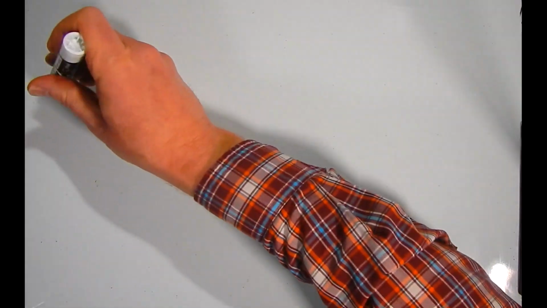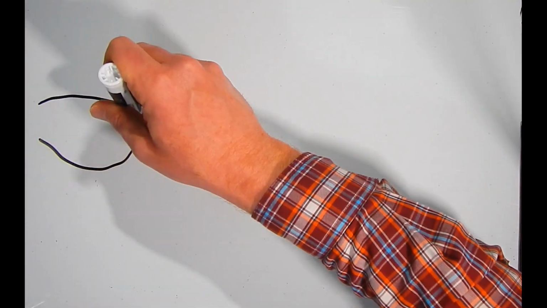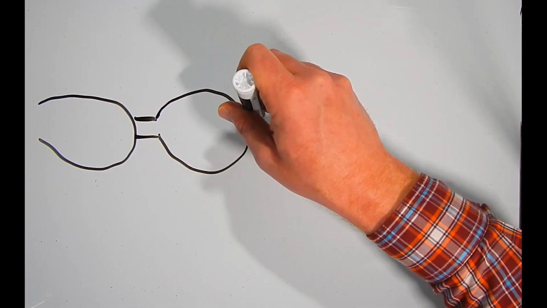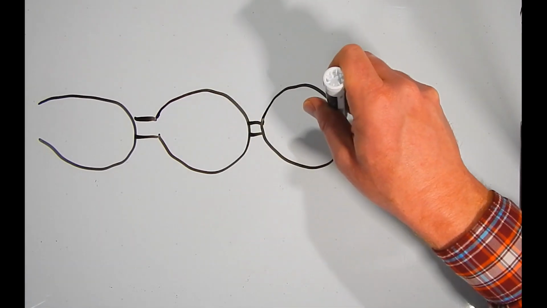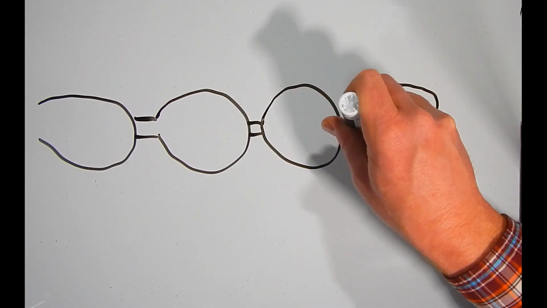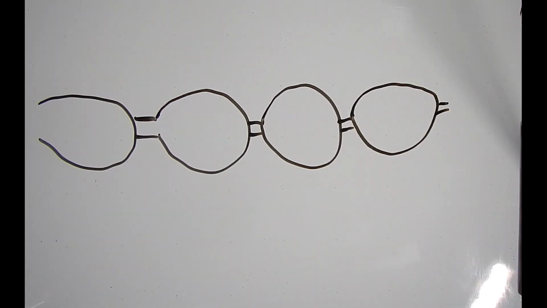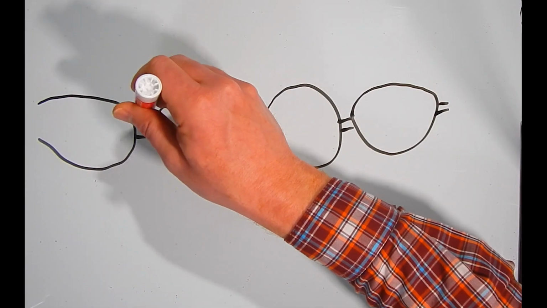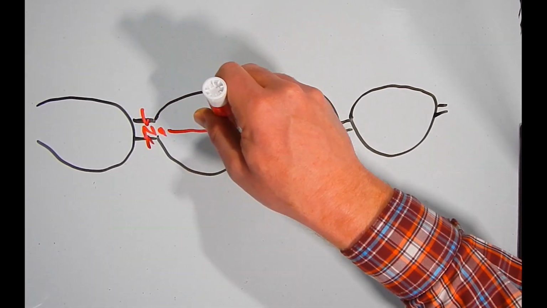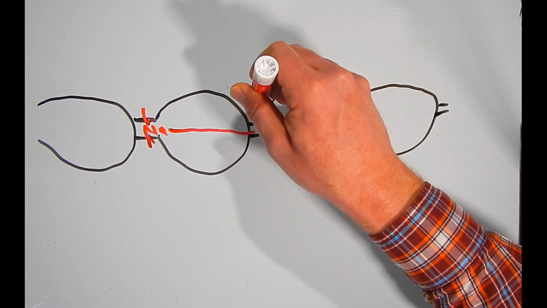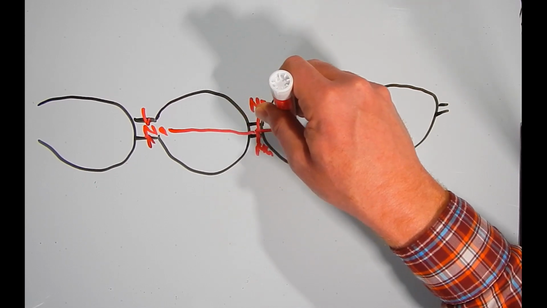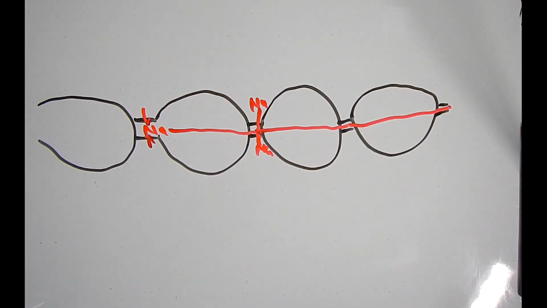That saltatory conduction will only happen at portions of the axon that are not being covered by Schwann cells or by oligodendrocytes, in which case a little sodium influx will happen here and then have to diffuse over to the next node of Ranvier, where more sodium can come in and diffuse to the next one, and diffuse to the next one.